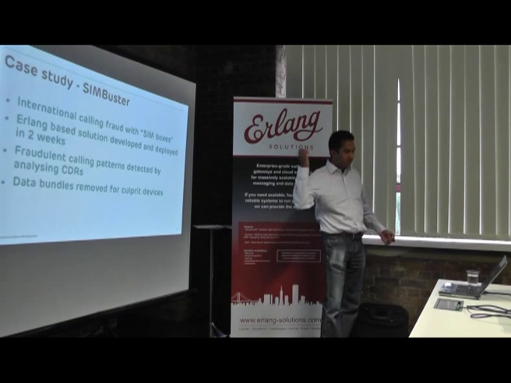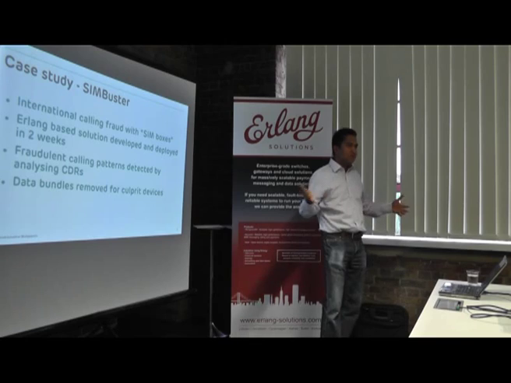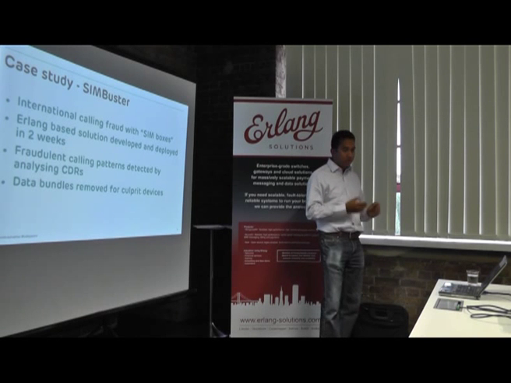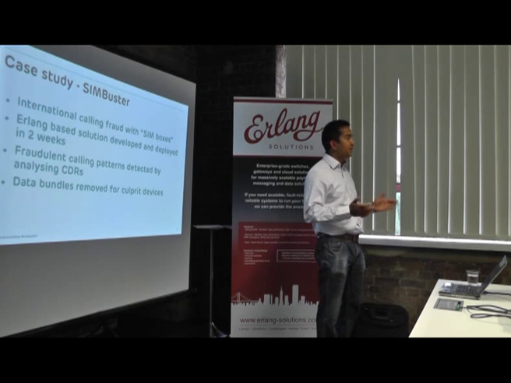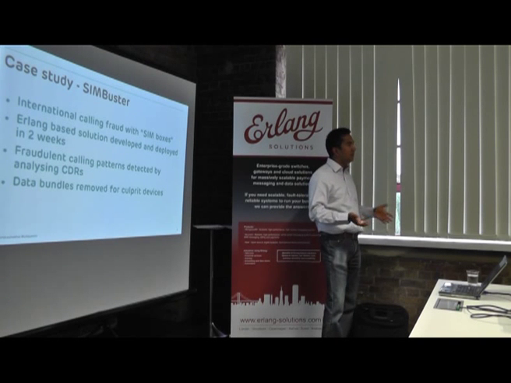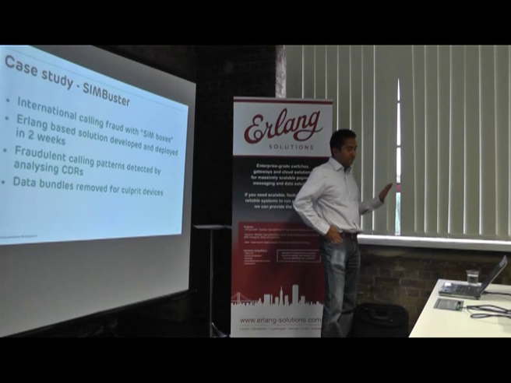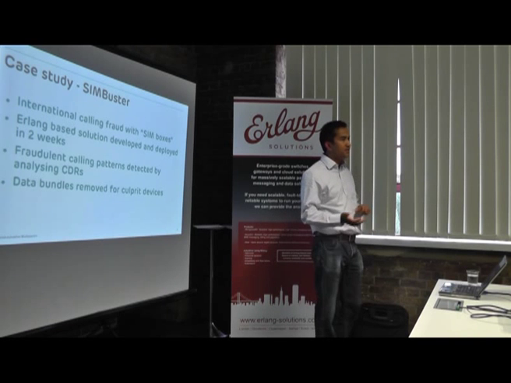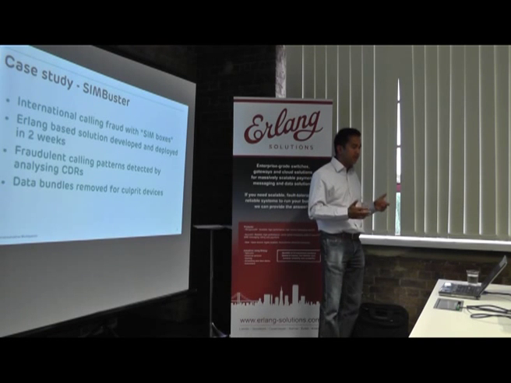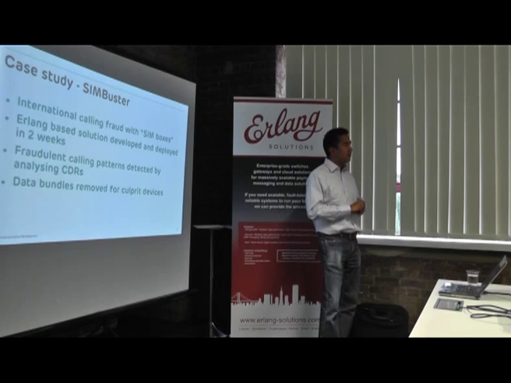Whereas with these Symboxes, because they put call after call after call which have no relation to each other, you can literally, by analyzing about an hour's worth of CDR data, tell whether this is an actual mobile user or someone trying to do this fraud. So within an hour of these devices being put in a Symbox, we used to get enough data to say, okay, you are a fraudulent user.